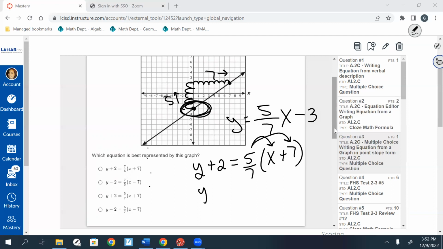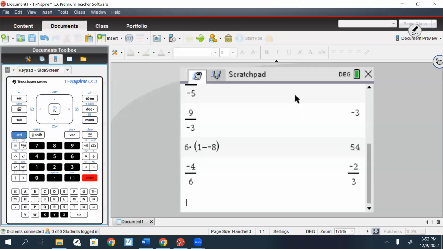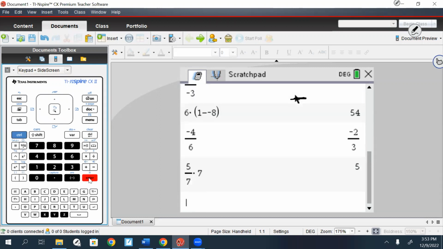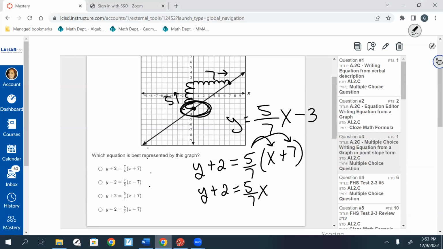So I have y plus 2 equals 5/7x. And then we'll go in the calculator. We'll do 5/7 times +7. So 5/7 times 7, and that gives us 5. And it's positive, so plus 5.